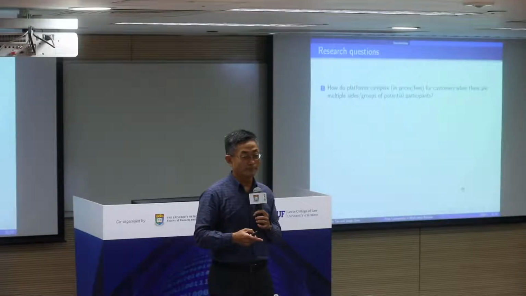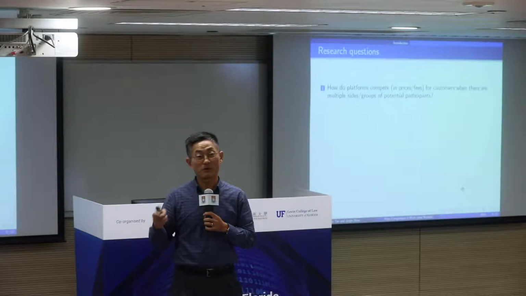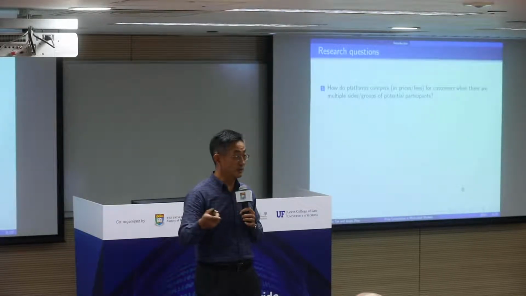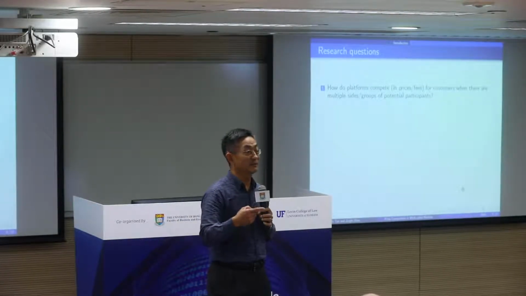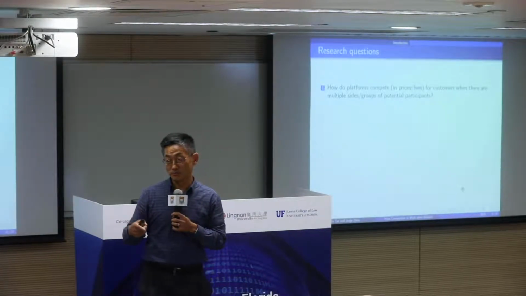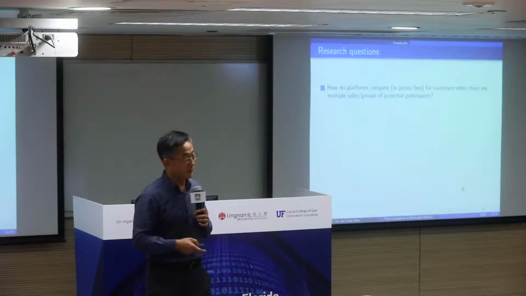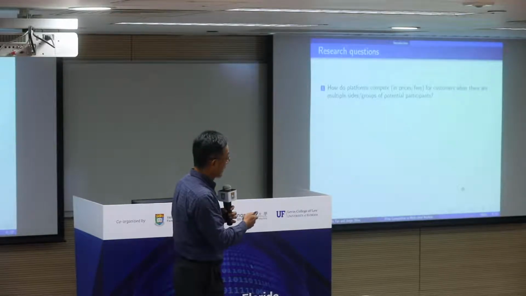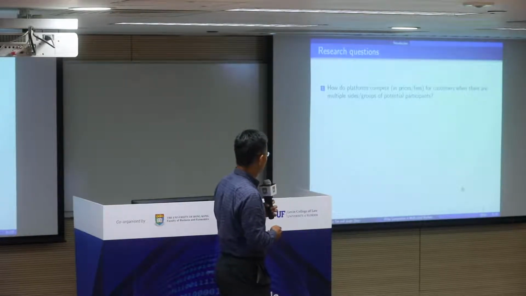So the first question we're trying to answer is, how should we think about platform price competition? Obviously quality and other dimensions are also important. From what we know from practice and from the literature, in this kind of market, we often see cross-subsidization. So what determines the types of cross-subsidization, and therefore we could evaluate the impact of different business performance.